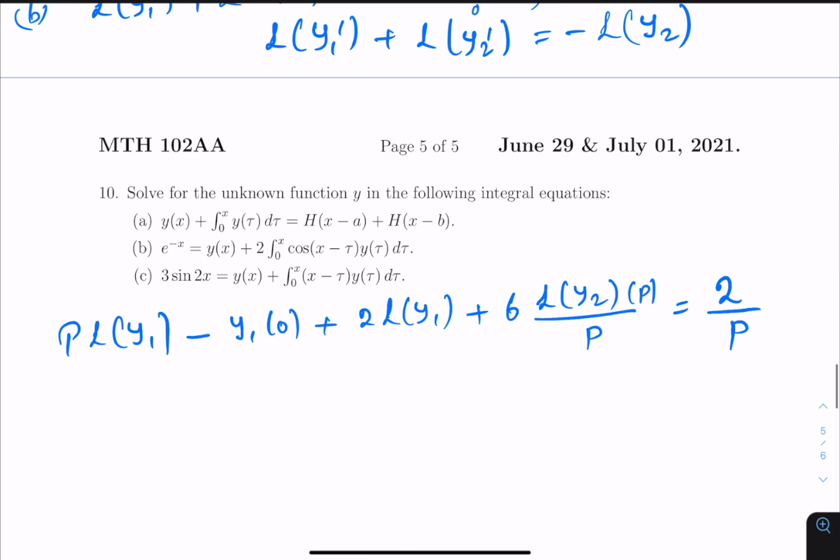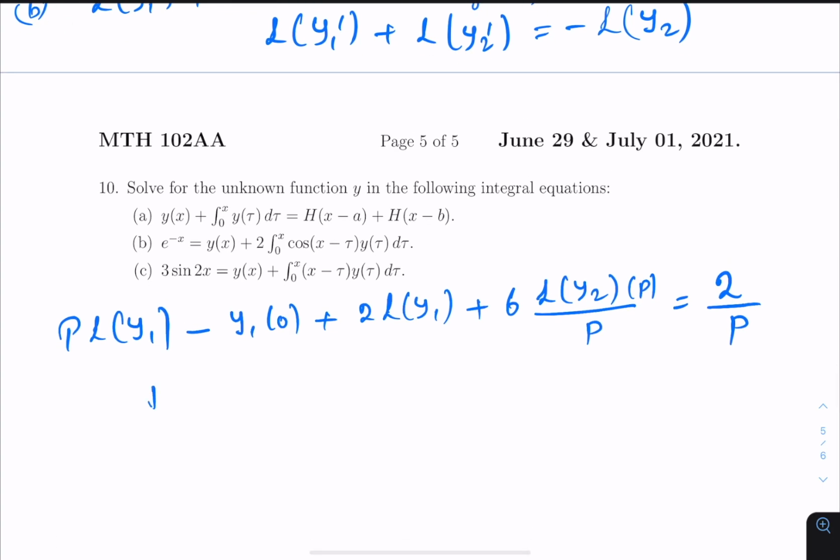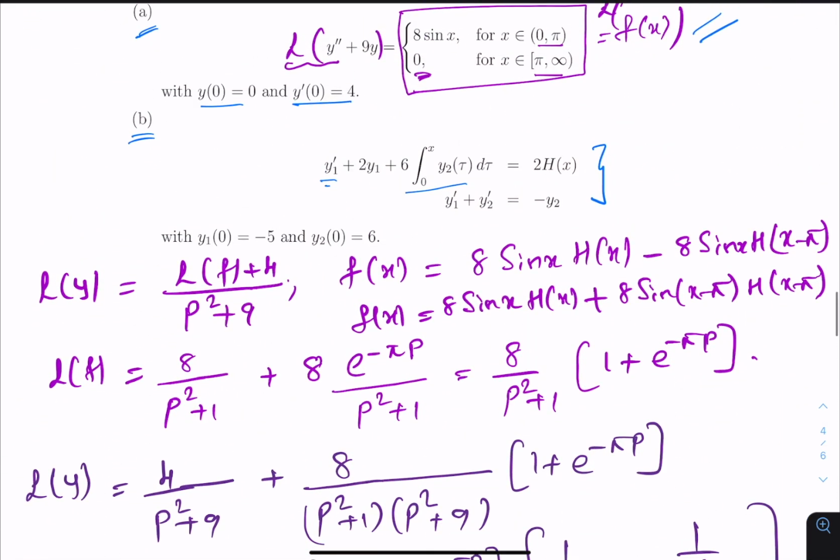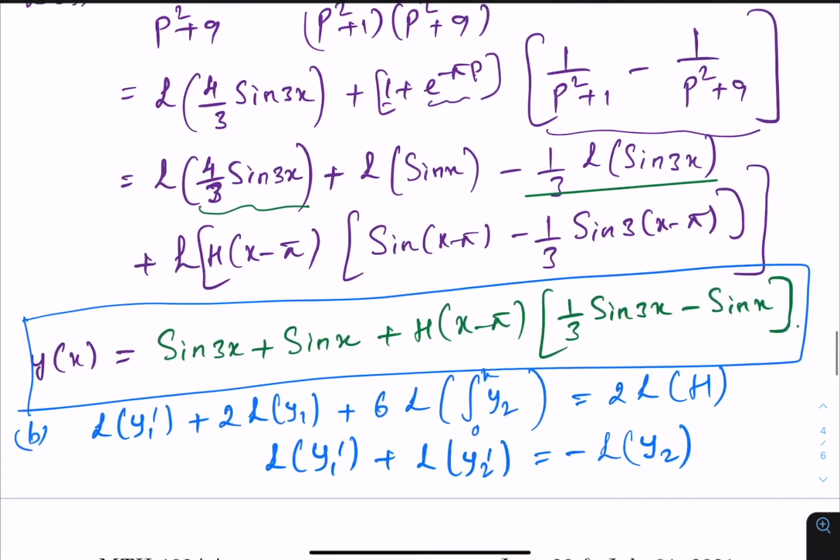Now in the second equation you get the similar thing: p times Laplace transform of y1 minus y1 of 0, plus p times Laplace transform of y2 minus y2 of 0, and that is equal to minus Laplace transform of y2. We use the information given to us, that y1 of 0 is minus 5 and y2 of 0 is 6.